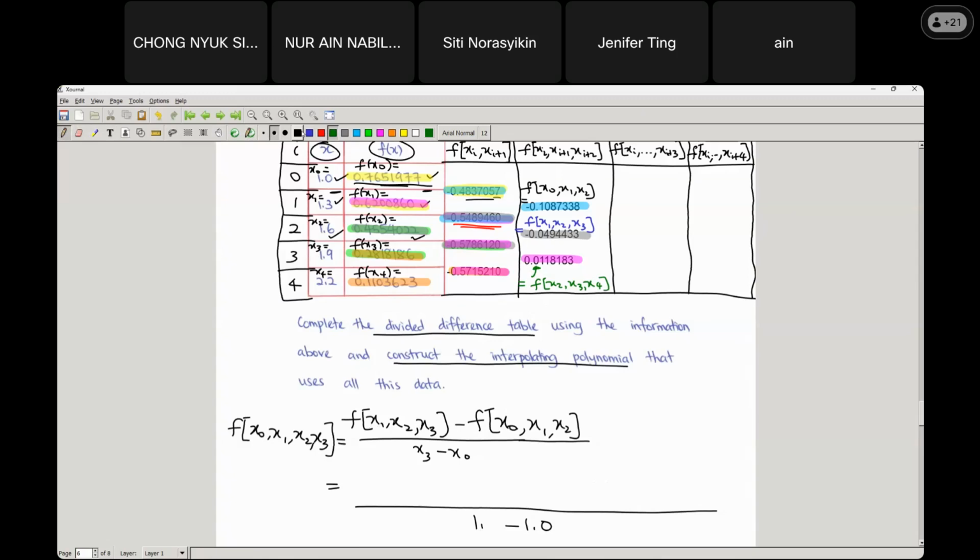This is equivalent to negative 0.0494433 minus negative 0.1087338 divided by x3, which is 1.9, x0 is 1.0.